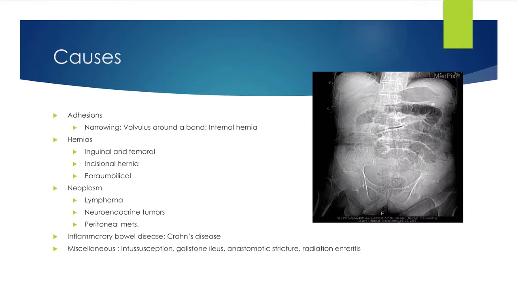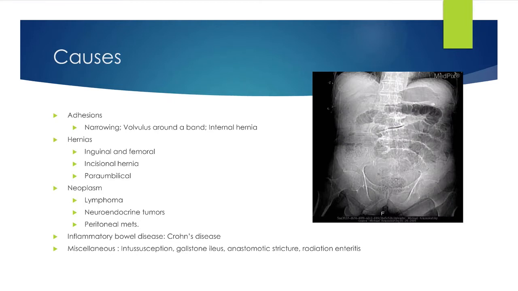Neoplastic lesions in the small bowel could present as the first presentation, usually in the form of small bowel obstruction. And these will be mainly in the form of lymphoma or neuroendocrine tumor of the small intestine that is more prevalent in the terminal ileum.